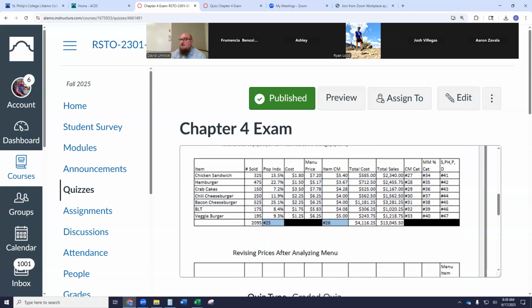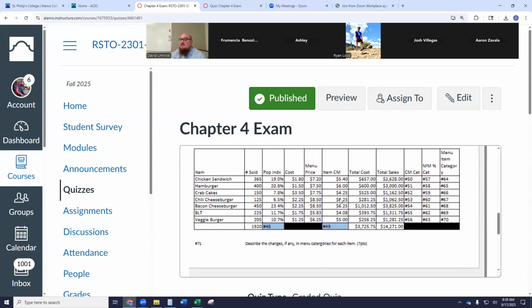Is the contribution margin higher or lower? Is the menu mix percentage higher or lower than the benchmark? And then 41 through 47 are the actual categories. Questions about how that works?